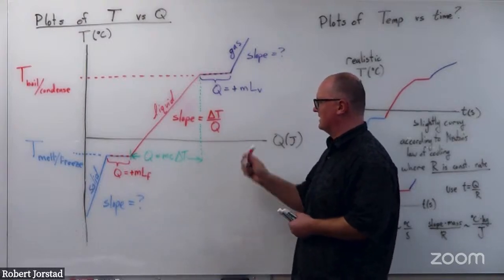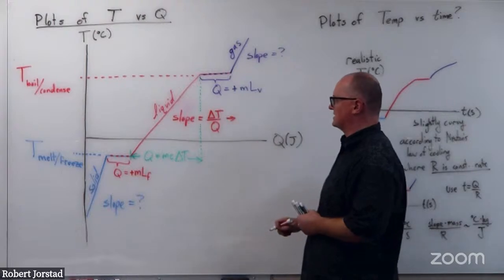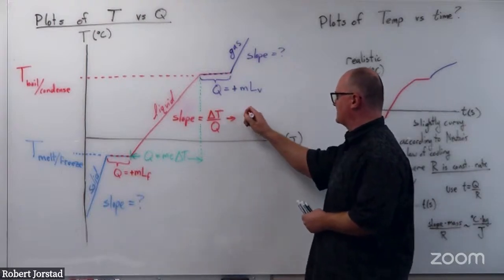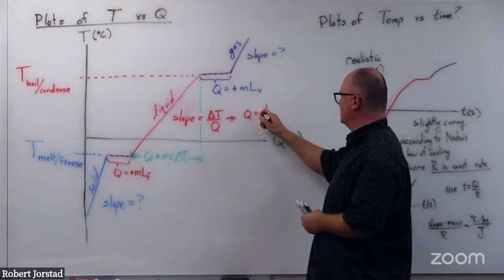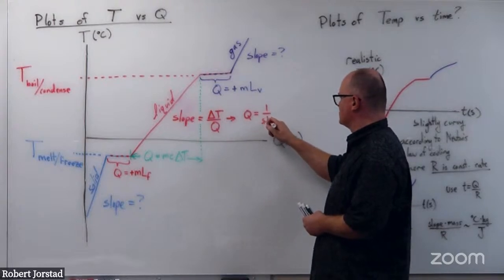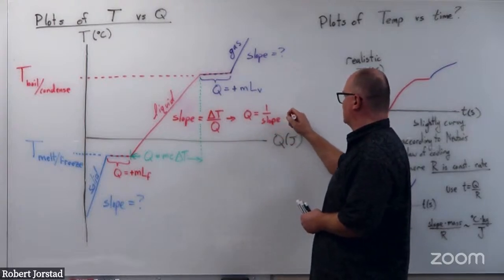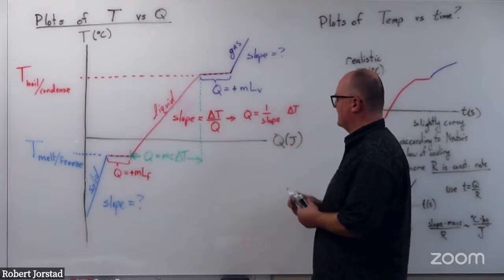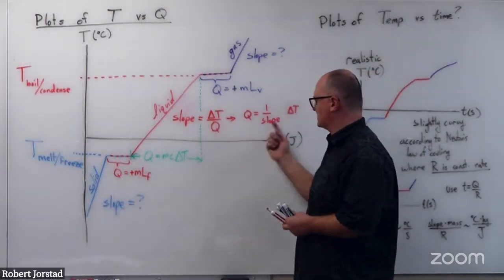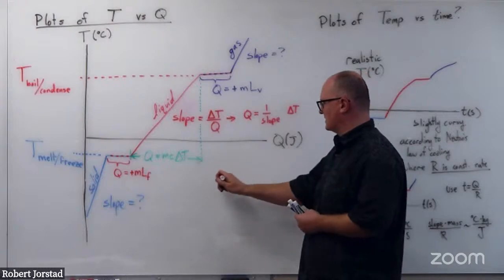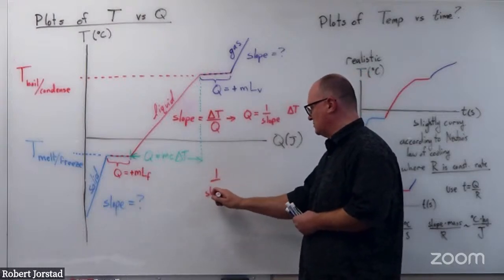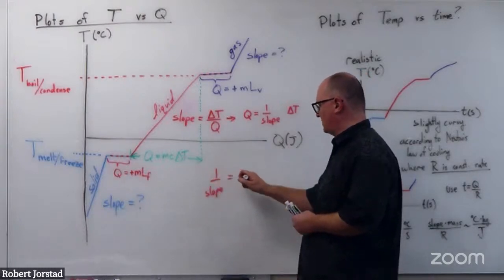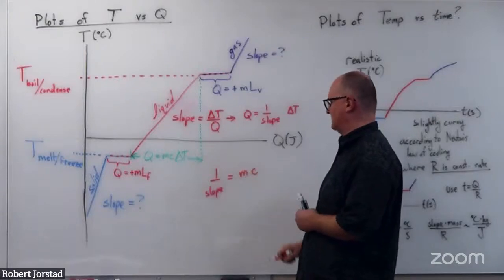Notice if I rearrange this a little bit, if I say Q equals 1 over slope times delta T, Q up here, 1 over slope there, this looks kind of familiar. Notice that 1 over the slope is probably mc.